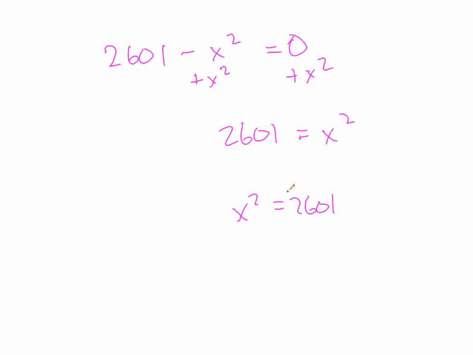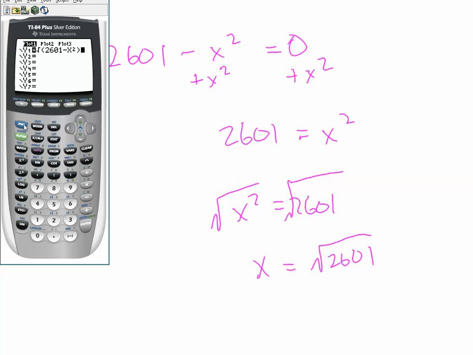Well, what number must I multiply by itself to get 2601? That sounds an awful lot like a square root of 2601. If I'm dealing with lengths, it can't be negative. So the square root of 2601 is going to be 51.